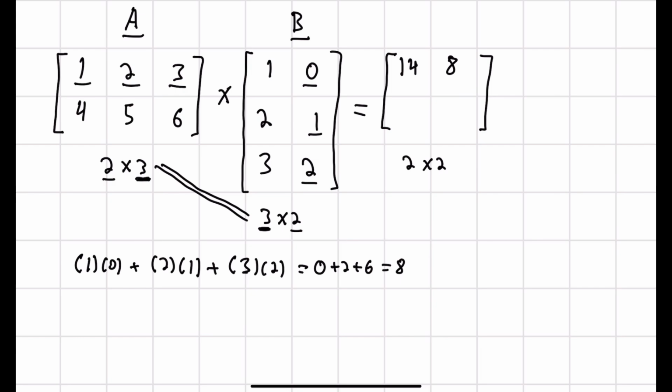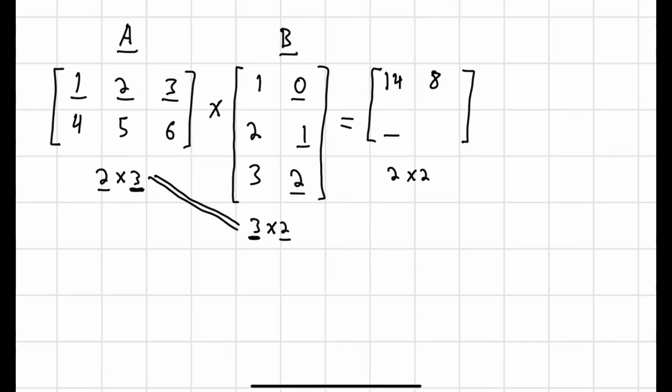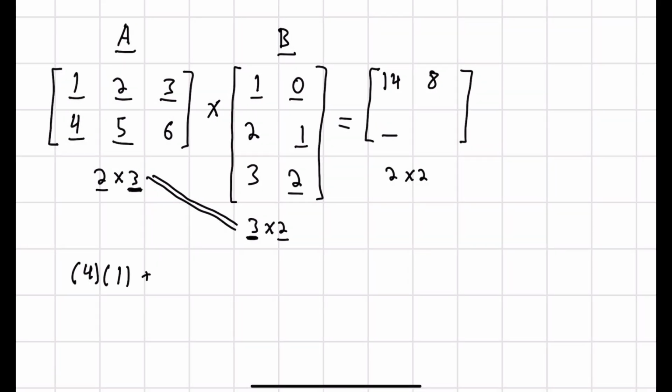And now let's calculate the bottom left cell. And to calculate that, we would have to perform the dot product for the bottom row for matrix A and the left column for matrix B. So we have 4 times 1 plus 5 times 2 plus 6 times 3.